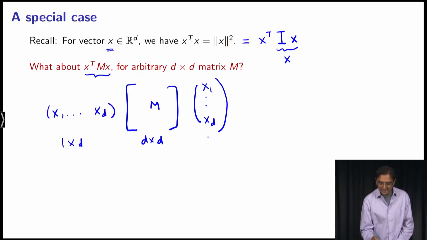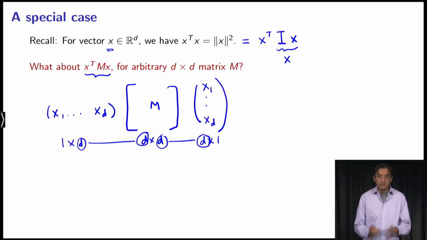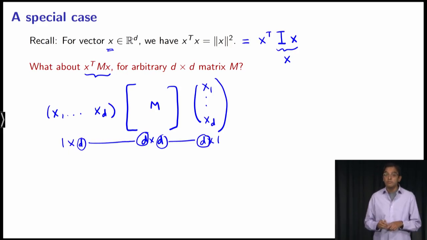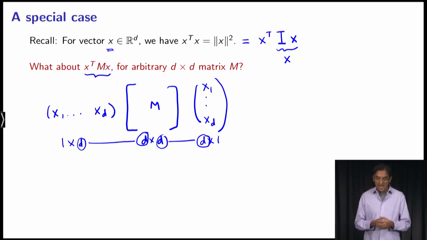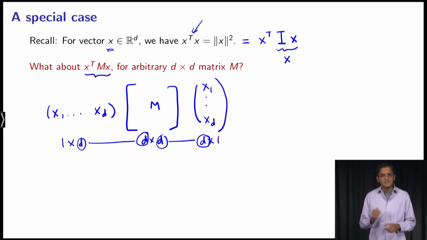Here we have 1 by d, here we have d by 1. When we multiply things, we see that the inner dimensions agree, and the result is simply going to be the outer dimensions, which is 1 by 1. So the result is just a single number, as we expected from the case of x transpose x.